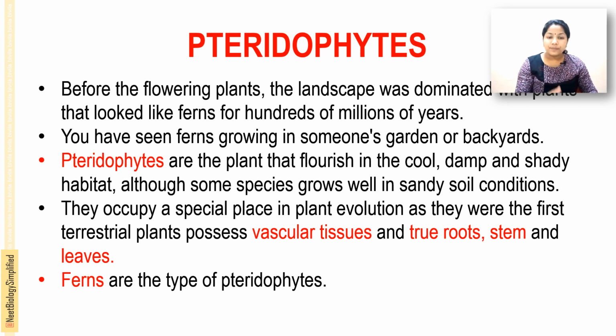In plant evolution, pteridophytes occupy a special place. Why? They were the first terrestrial plants with well-developed vascular tissue, and they also have true stem, roots and leaves.